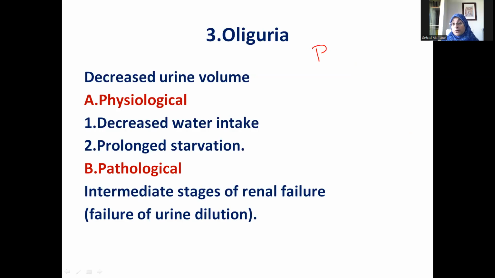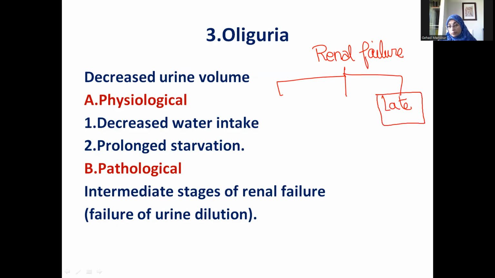So here, renal failure. And this is the proper definition of renal failure: both kidneys stop functioning.